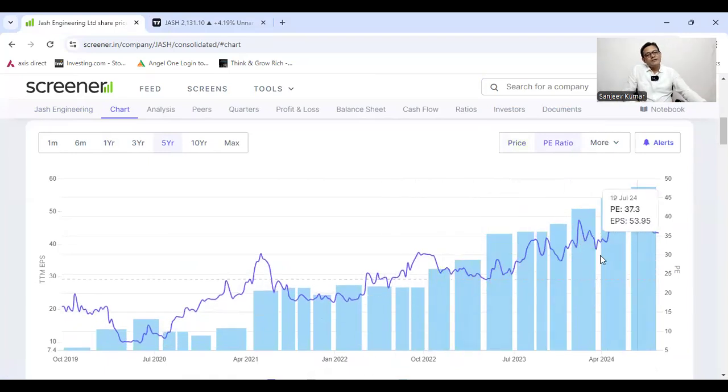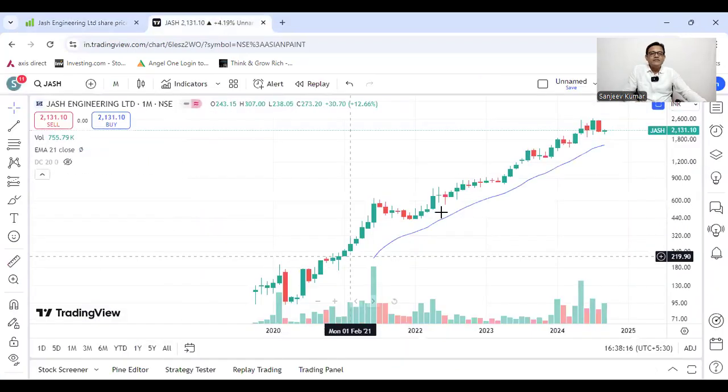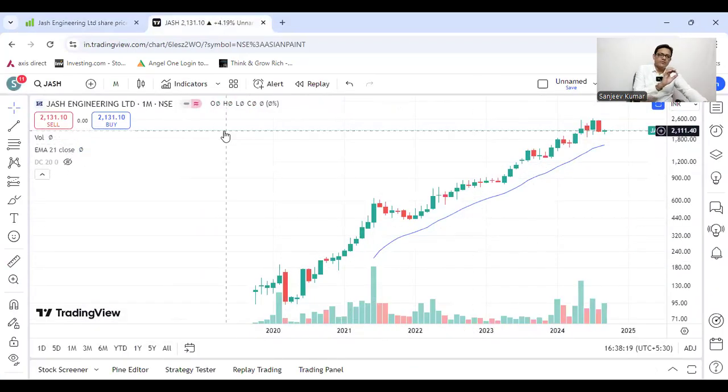EPS is growing, PE is growing, share price is also growing. This is a very good situation. You can buy the share and hold it because everything is good. The company is fundamentally growing, sentiment is also good, and it is trending as well.